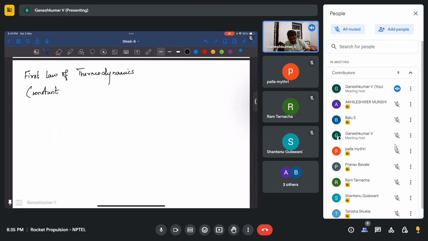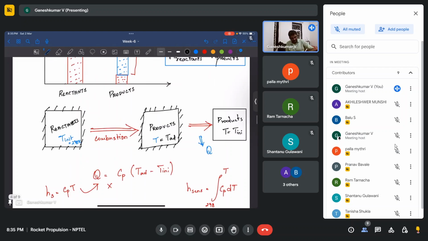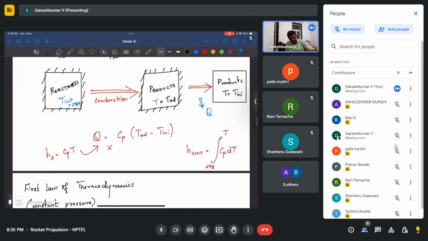Actually, you can define the adiabatic flame temperature for a constant volume process also. When I say constant pressure process, here I have these boxes, right? If I have a pressure equal to 1 atmosphere here, here also I can maintain the pressure at 1 atmosphere by changing one of these walls into a piston. So I can adjust my volume to keep it at 1 atmosphere. So it's like a constant pressure process.